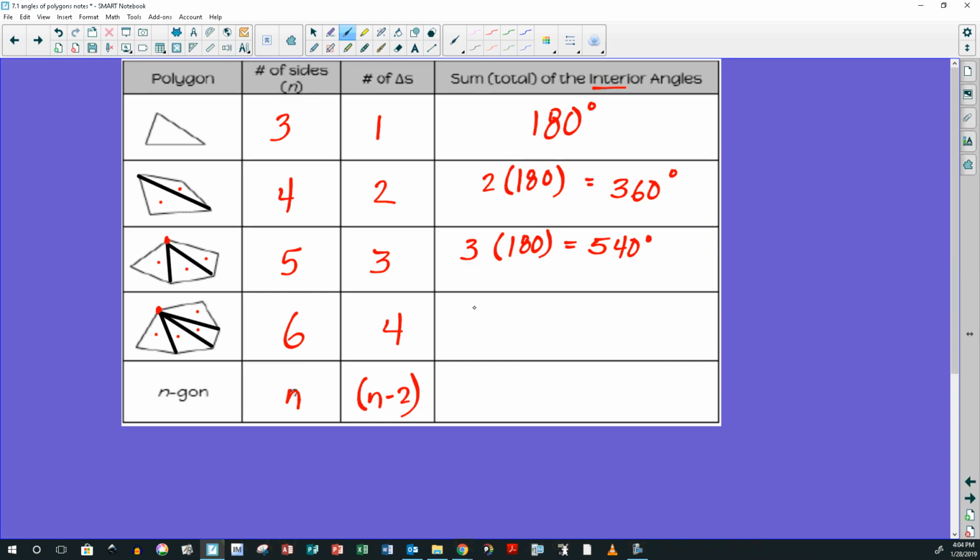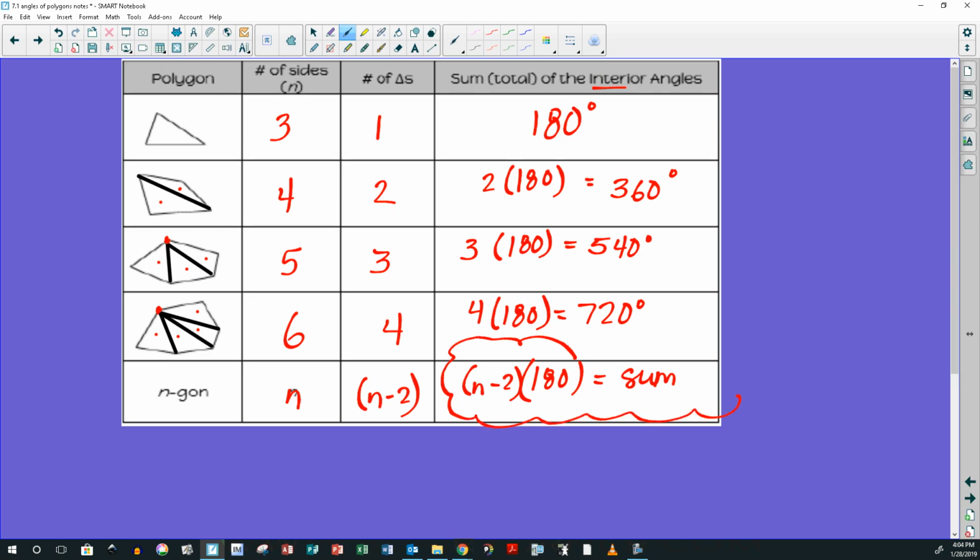Here, I have 4 triangles, so that would be 720 degrees. So that must mean that the number of triangles, n minus 2, times 180 for each triangle is going to give me the sum of interior angles. Okay, so this is super important to know so we can get through the lesson today.